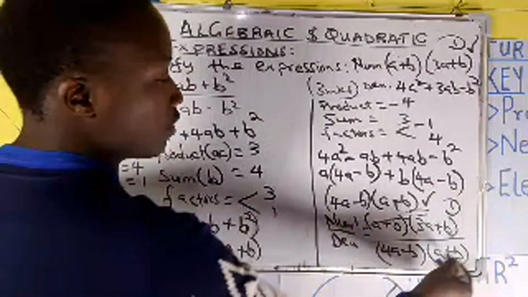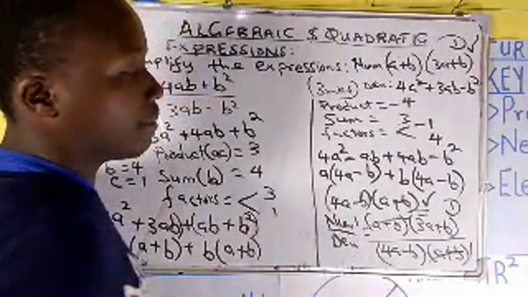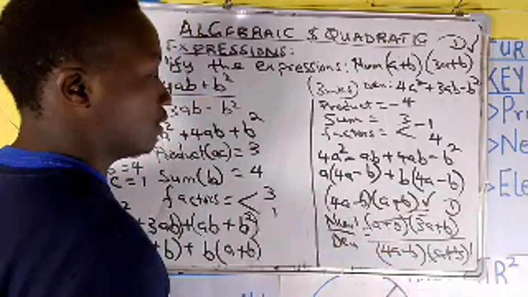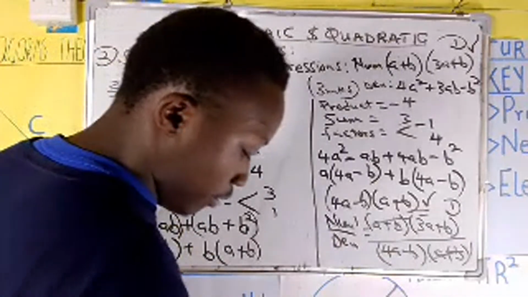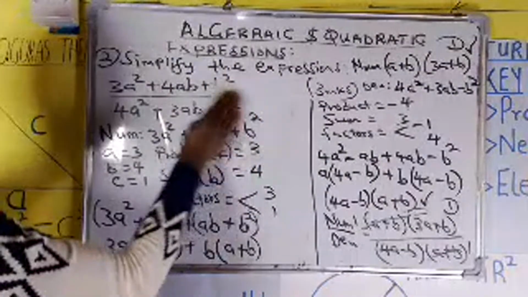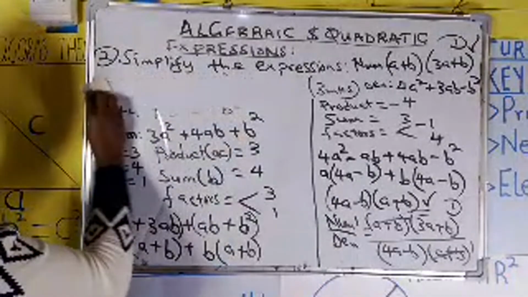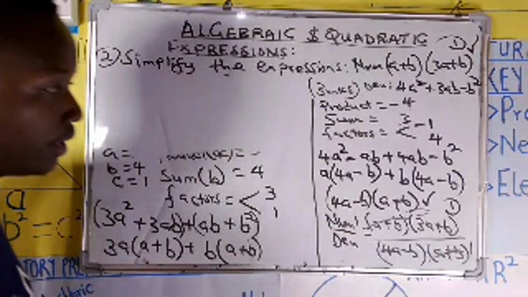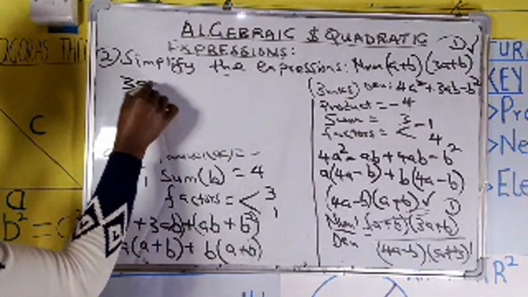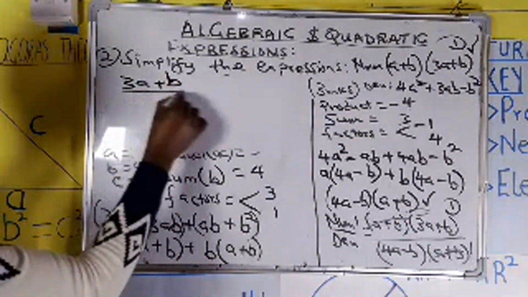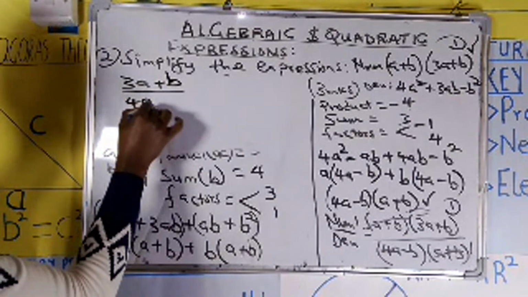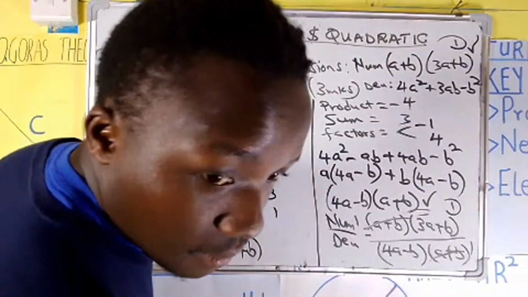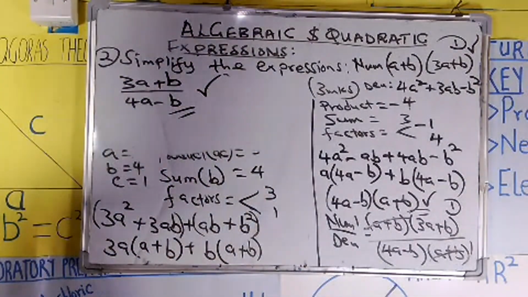This a plus b will cancel with this a plus b, because both of them are a plus b and there is a division sign, so we can just cancel them to make them 1. Our final answer for that question is going to be 3a plus b over 4a minus b.